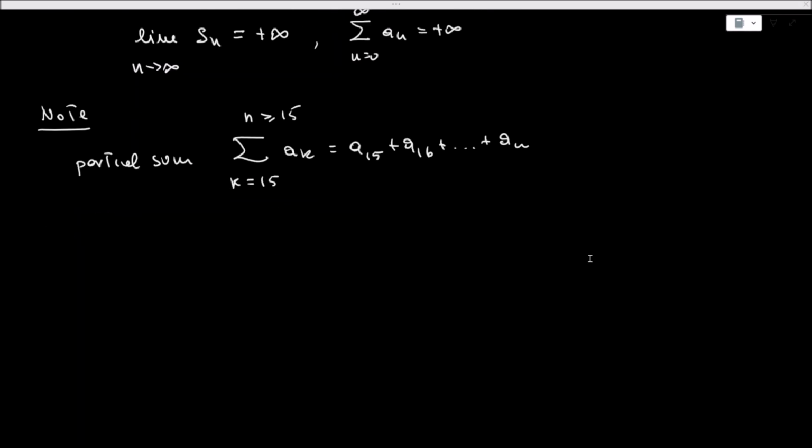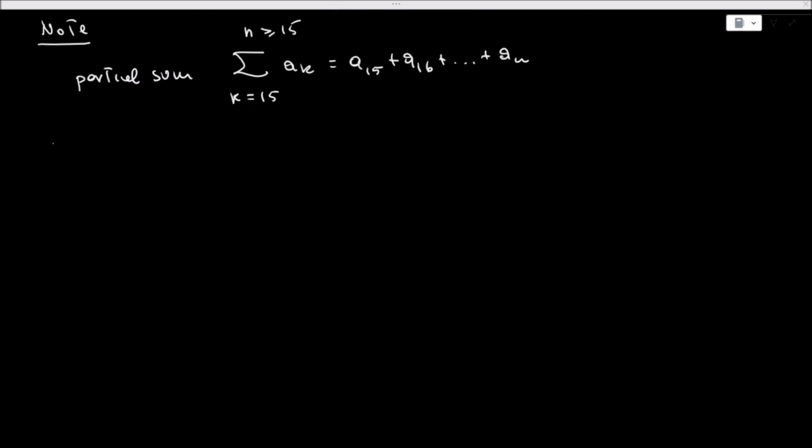And now we have a first important theorem. Suppose that we have the two real sequences an and bn that are equal definitively. So from some n0 onwards, the terms of the two sequences are equal. So this is what being equal definitively means.